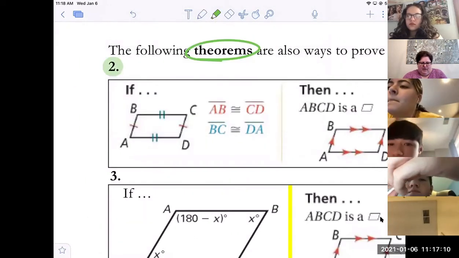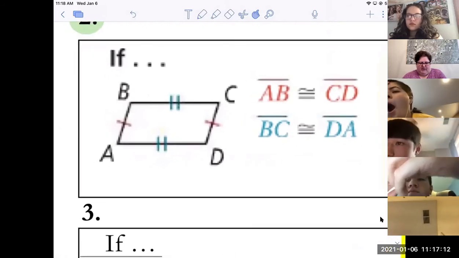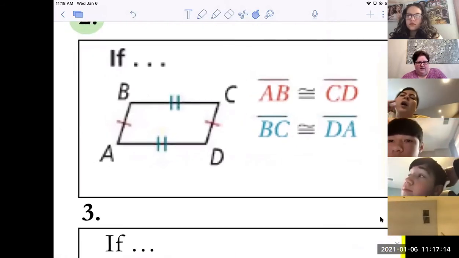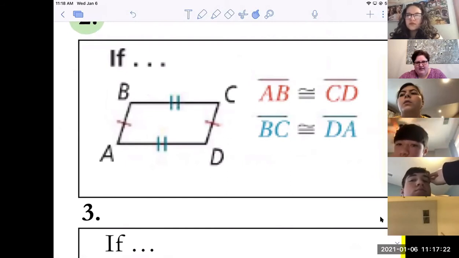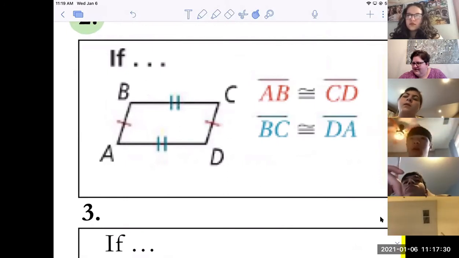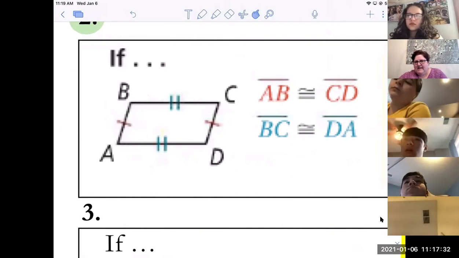The second one, what is that showing? Just look at the picture and the given there. I want to talk to some people who have not answered questions. If a quadrilateral has two pairs of opposite parallel lines. It's not parallel.